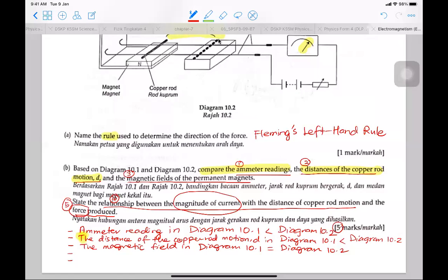And then number 5, a relationship between magnitude of current and the force produced. So what is the relationship between the current and the force? Is it increase or decrease?